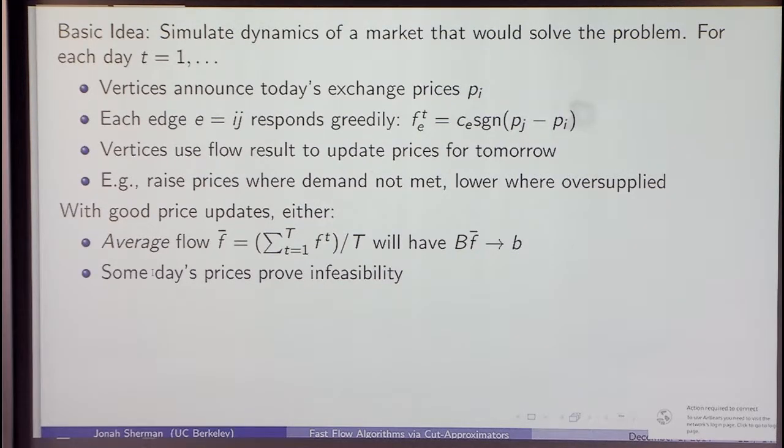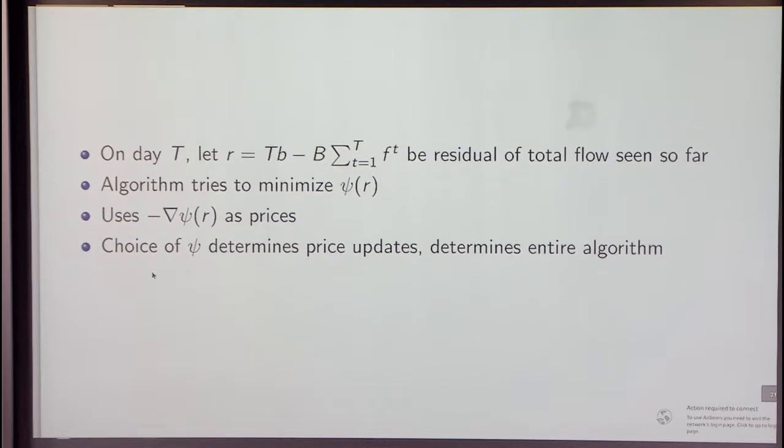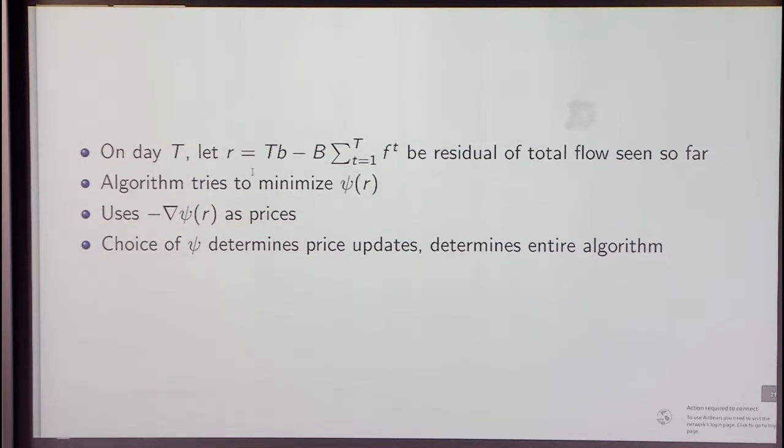Where in the algorithm do we use the demands? Right, the demands were here. R is the difference between the total flow I've routed so far and what should have been routed so far if they actually respected the demands. What's T?